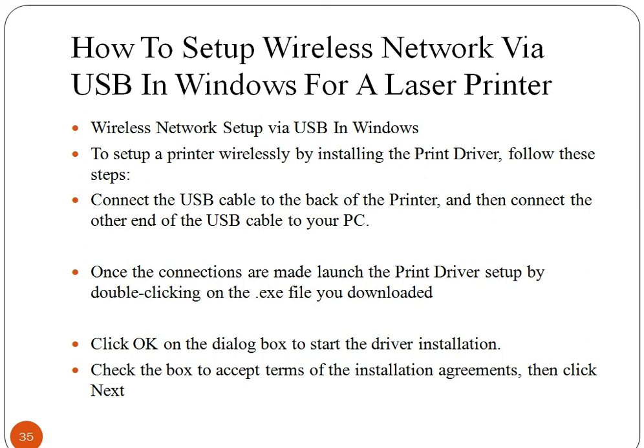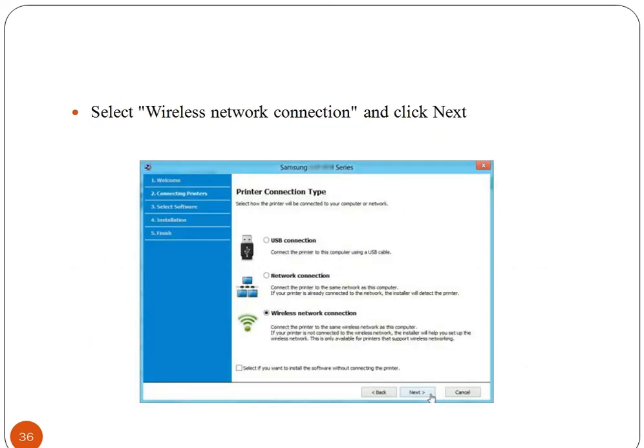Now click OK on the dialog box to start the driver installation. Check the box to accept the terms of the installation agreement, then click Next. Now select wireless network connection and click Next.